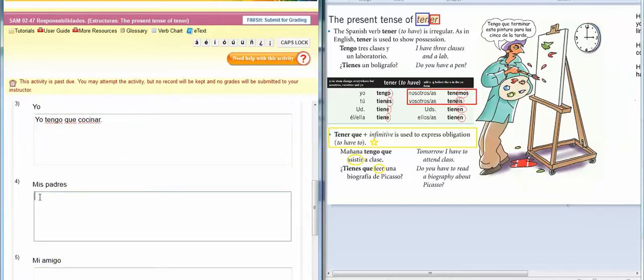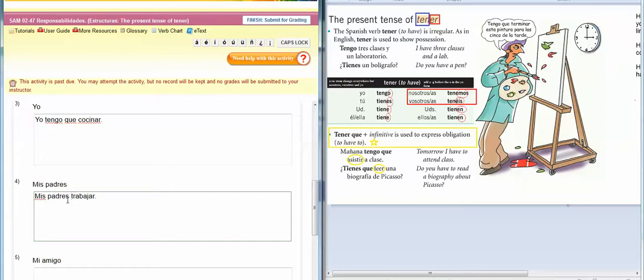My parents, what do my parents have to do? Go to work, or work. Work is trabajar. So I am going to say my parents, mis padres. Then my parents isn't in our chart, but my parents have to work or they have to work.